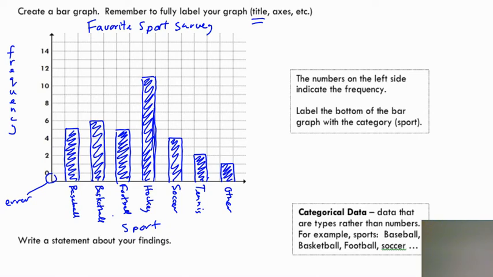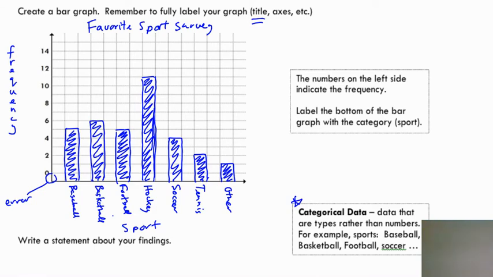Okay, now, what else do we want to point out? Categorical data is data that are types rather than numbers. For example, sports, baseball, basketball. So we talked about this in the very start of this unit, that we could have categorical analysis, we could have discrete, and we could have continuous.